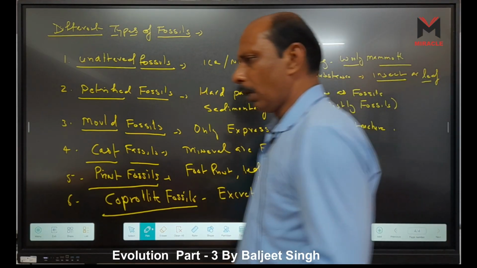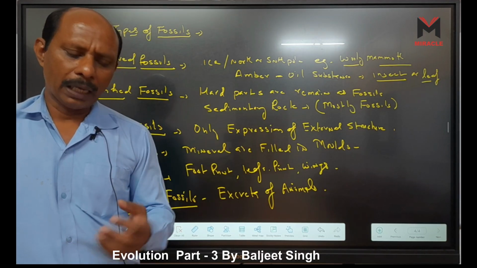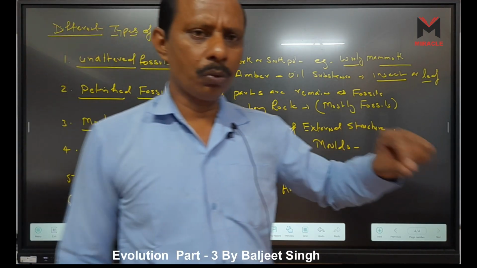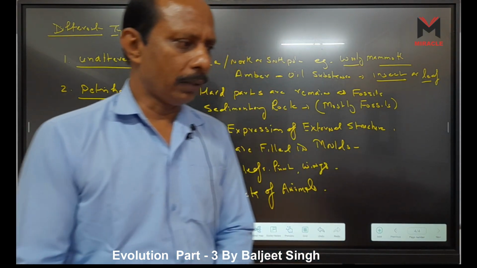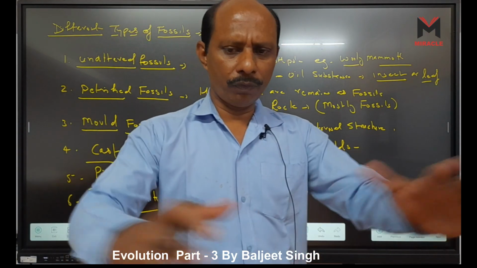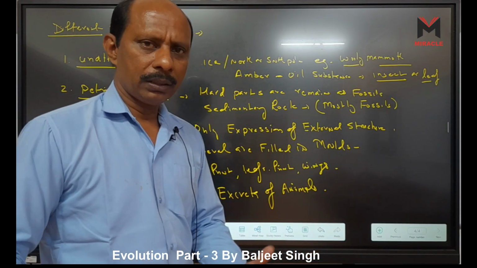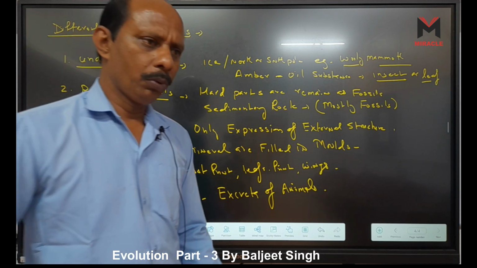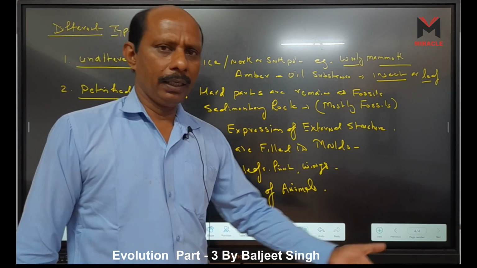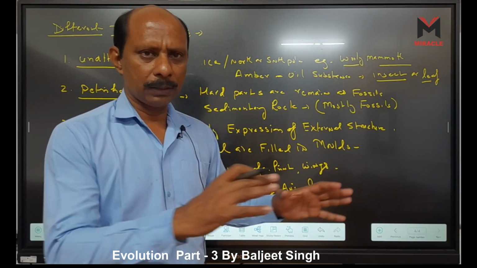For example, a rhinoceros. Every time for excretion it goes to a specific place, and when you see this, you understand that a large amount of feces is present in a specific region. The rhinoceros comes to that place every time and excretes there.